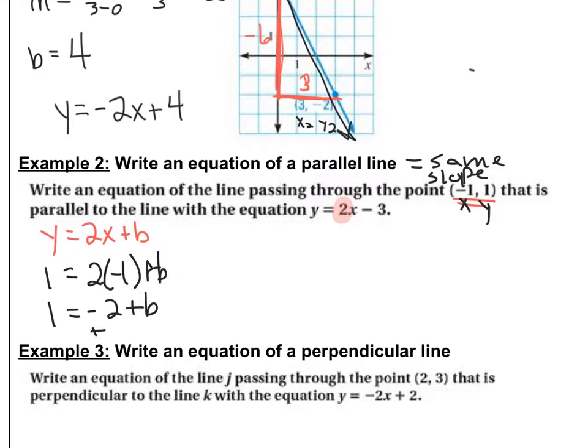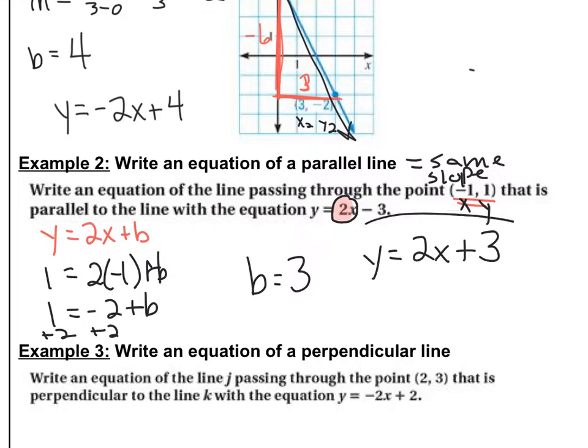We'll add 2 to both sides. We'll get b equal to positive 3. Again, remember, parallel lines have the same slope, but because they're parallel, they're going to cross the y-axis at different points. So this is going to be y equals 2x plus 3. So that's a parallel line.